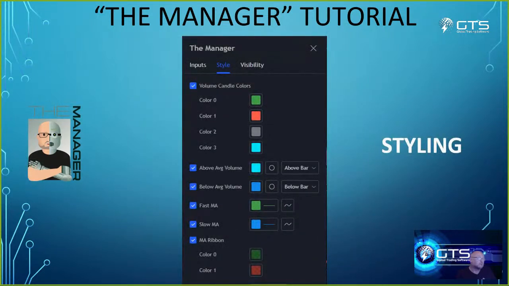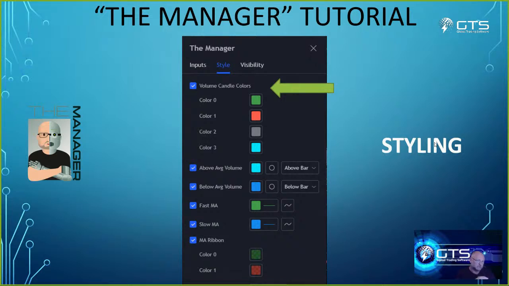Styling wise, again, it'll look slightly different on each platform, but the styling options are still the same. The volume candle colors, probably don't change them. When we teach this volume behavior, we talk about the candles being green and red and gray and cyan.